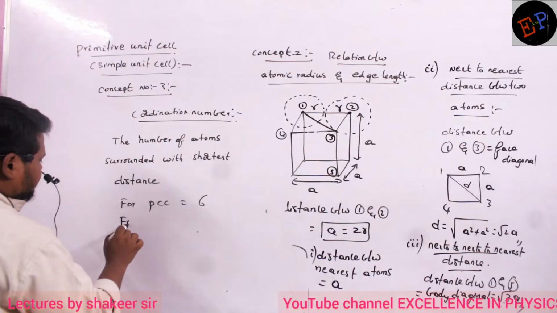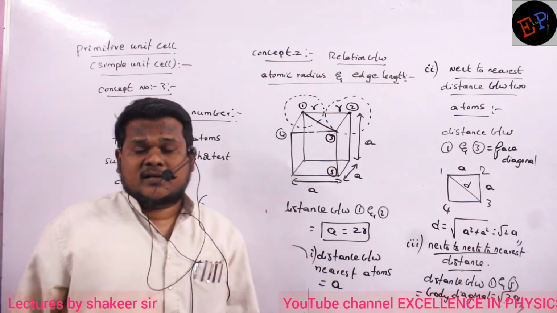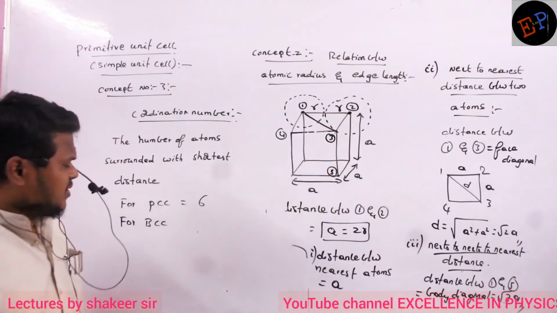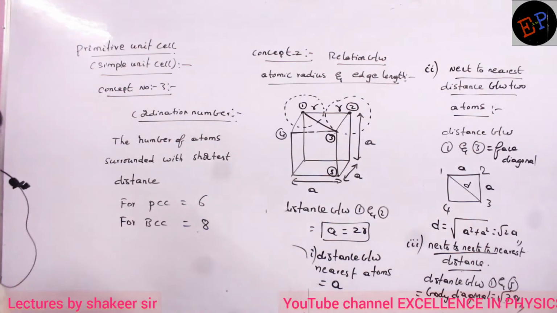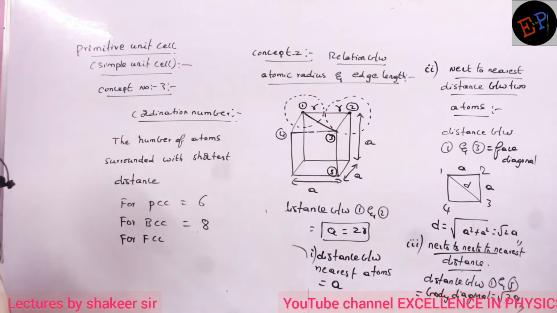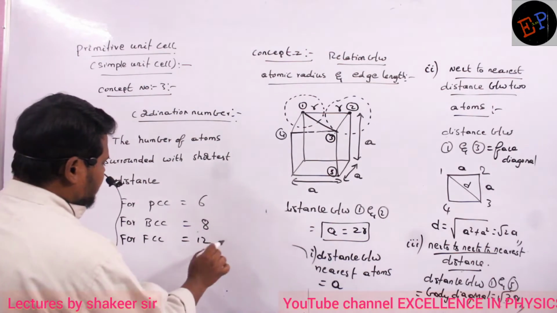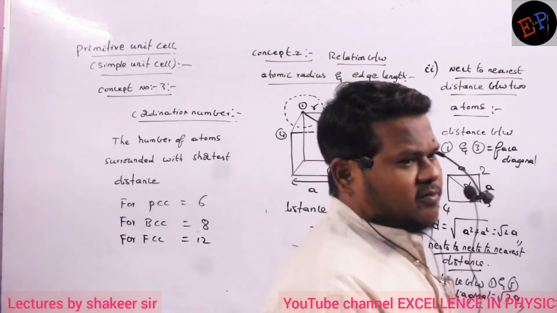And for BCC means what? Body centered cubic unit cell. Okay? For this one, the coordination number will be 8. Okay. And for FCC, face centered cubic unit cell, it will be 12. Okay? So learn these 3 values by heart, so that will be always useful for you.